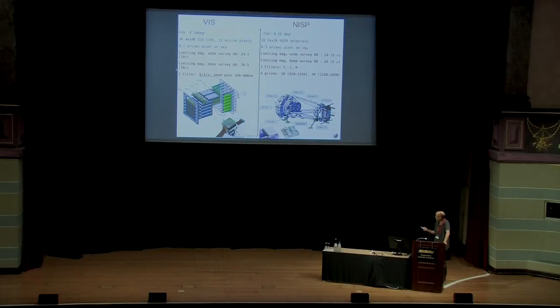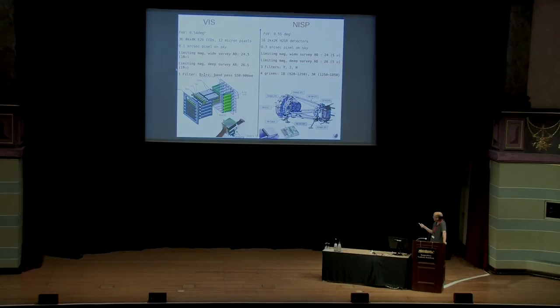So the VIS has a field of view of 0.5 square degrees, actually similar to the field of view of the near-infrared instrument. So the VIS features 36 4K by 4K CCDs with 12 micron pixels. Pixel scale is 0.1 arcsecond.